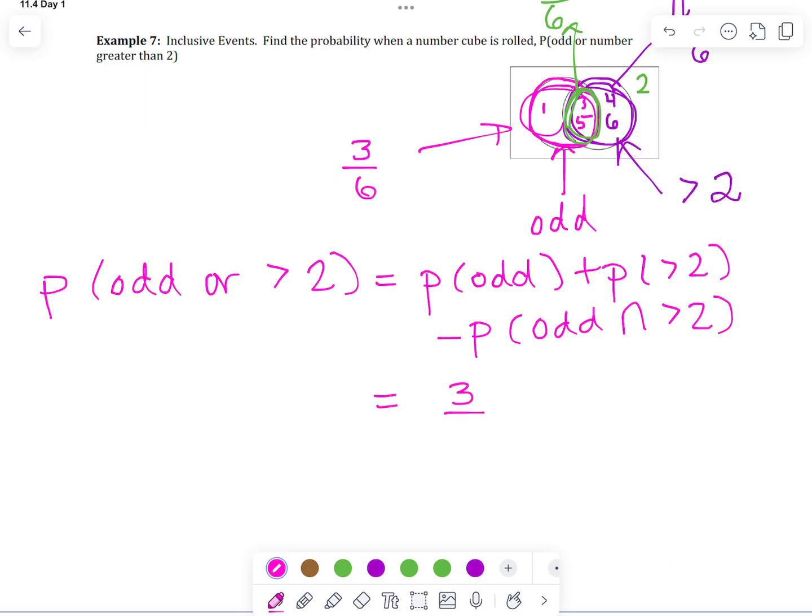So 3/6 are odd. 4 out of 6 are greater than 2. And then 2 numbers out of 6 are odd and greater than 2. And then we go ahead and add these fractions together. So 3 plus 4 is 7, minus 2 is 5/6.